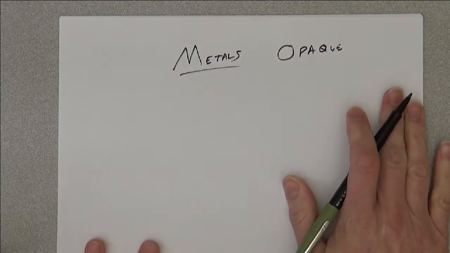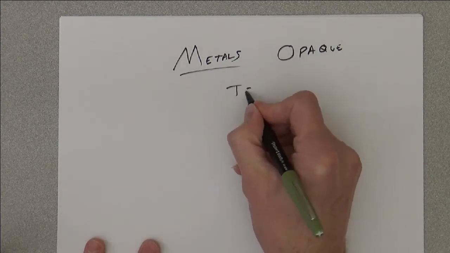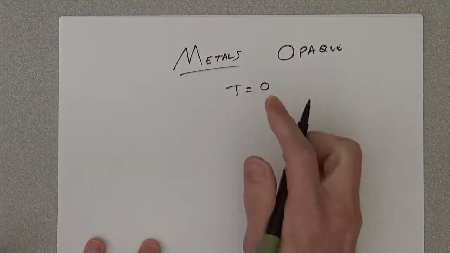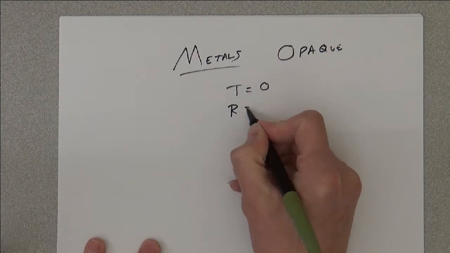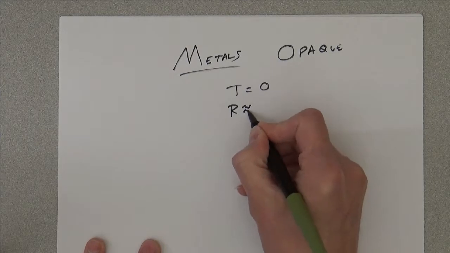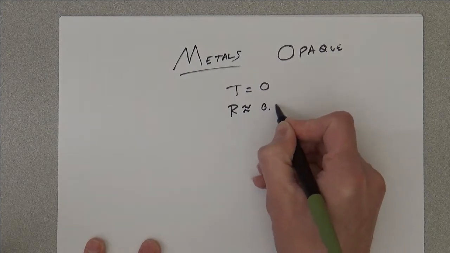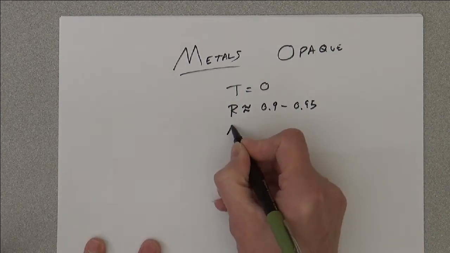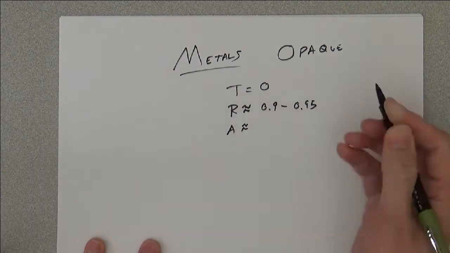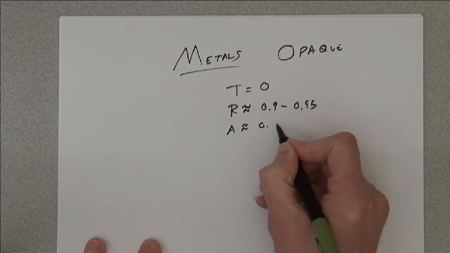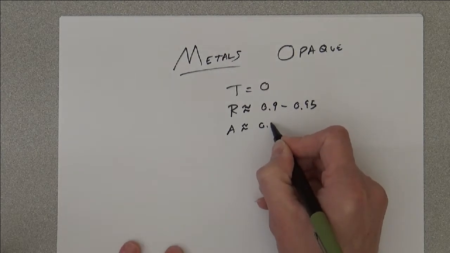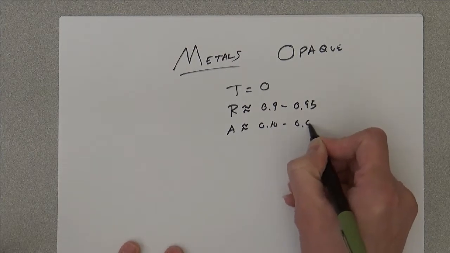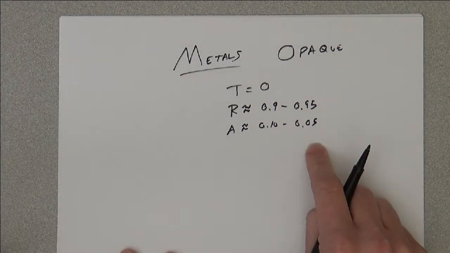And the reason that they're opaque is that we get a transmittance of 0, reflectance, which is relatively high, anywhere between 90 to 95%, which gives us an absorption that ranges then between 10 and 5%.